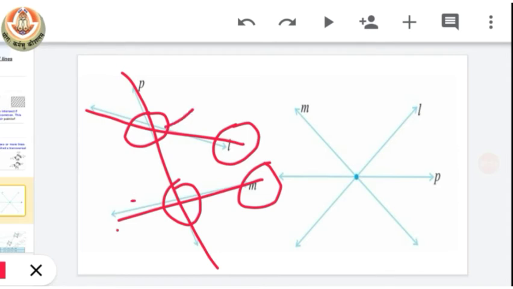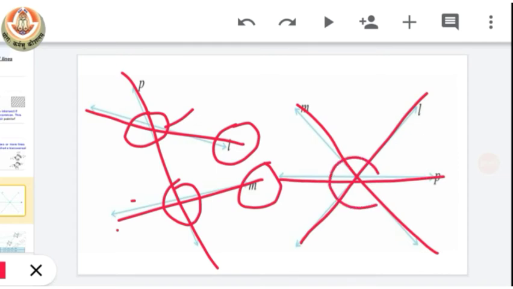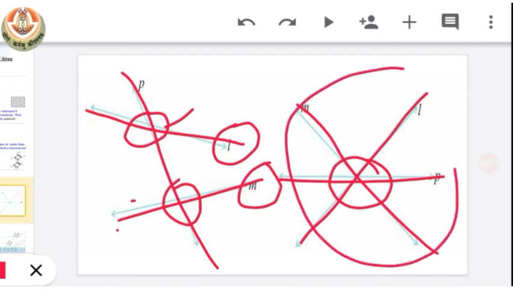Whereas in this case, lines L and M are crossed by line P at a single point. So we can clearly say that this is not a case of transversal, whereas this is an example of transversal.